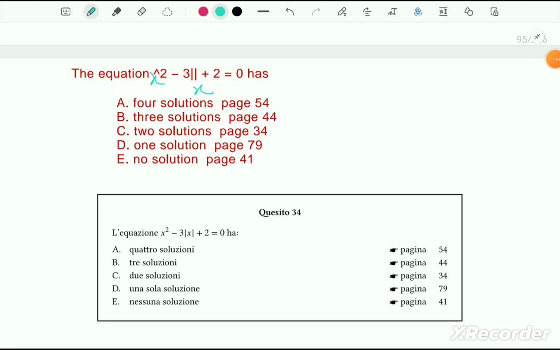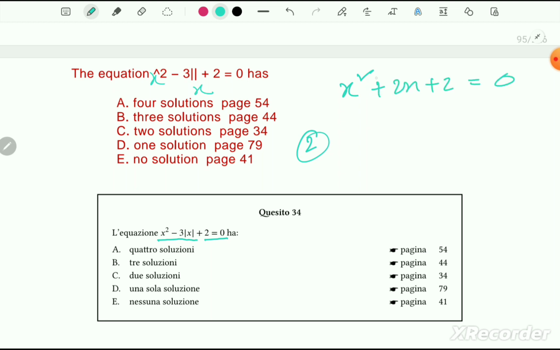Okay, so the equation x square minus 3 absolute x plus 2 equal to 0 has how many solutions? Usually we know a quadratic equation has two solutions. Quadratic equation means an equation which has maximum power 2, like this, plus 2 equal to 0.